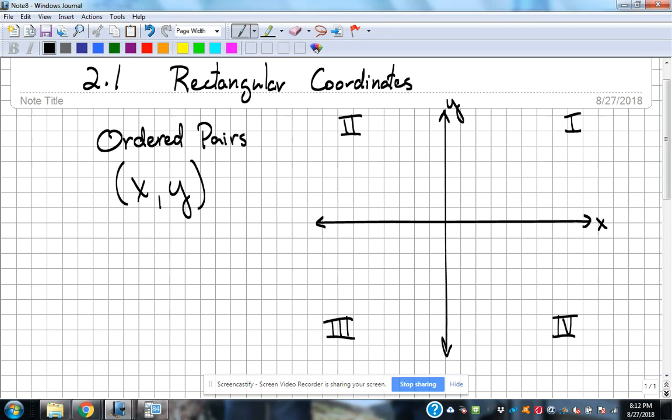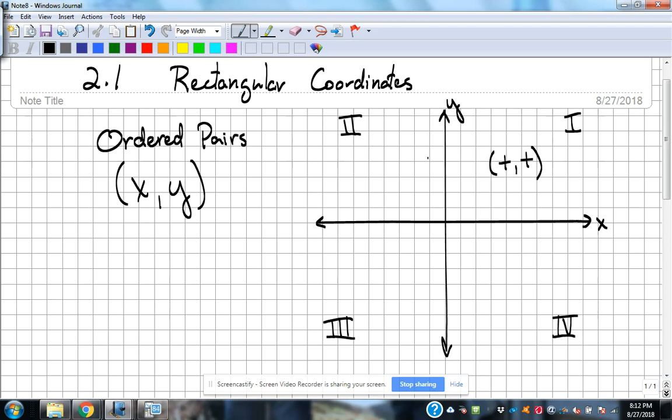Now, the way the ordered pairs work, in the first quadrant, all the x values are positive. All the y values are positive. So if you look at an ordered pair and it's positive 2 and positive 6, you know it's in quadrant 1 because everything's positive in quadrant 1. Okay.